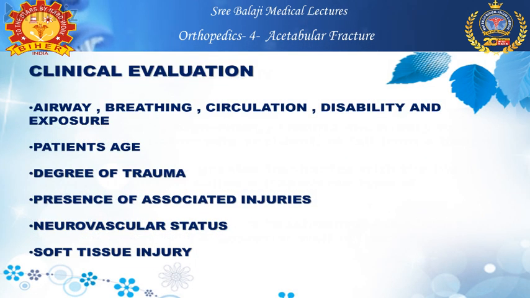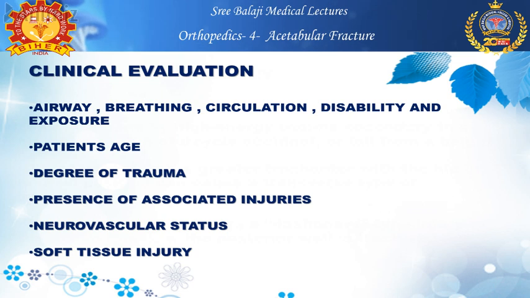Clinical evaluation. First, we have to see about ABC: airway, breathing, circulation, and disability. Then, of course, the patient's age, degree of trauma, and presence of associated injuries like dislocation and other fractures.